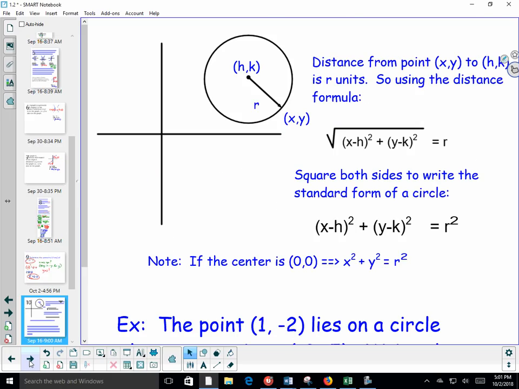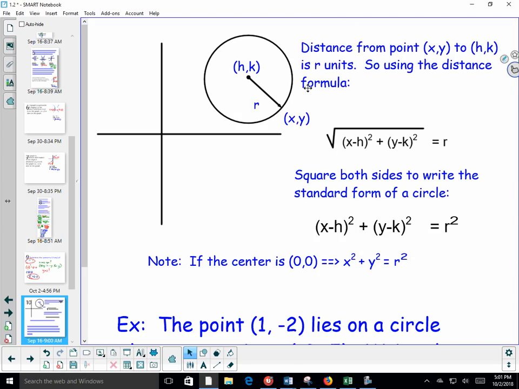All right, so let's talk about circles. Now, we already looked at this for our TI project, but let's just review. The distance from point x, y to h, k is going to be r units. So if we want to use the distance formula, we could say that r is always the distance from h, k to x, y.